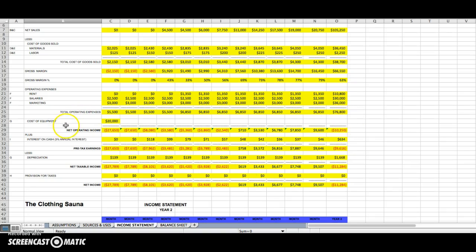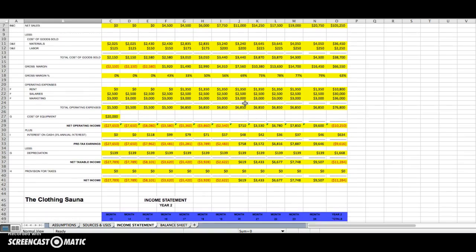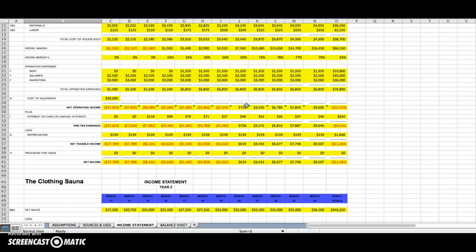We have our cost of equipment and initial lawyer fees of $20,000 listed here. And then we have our net operating income. And obviously, we're not bringing in any income at the moment. It takes up until about month eight where we see the net operating income be positive.